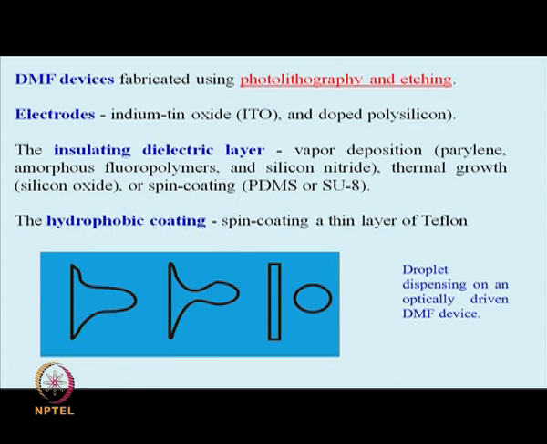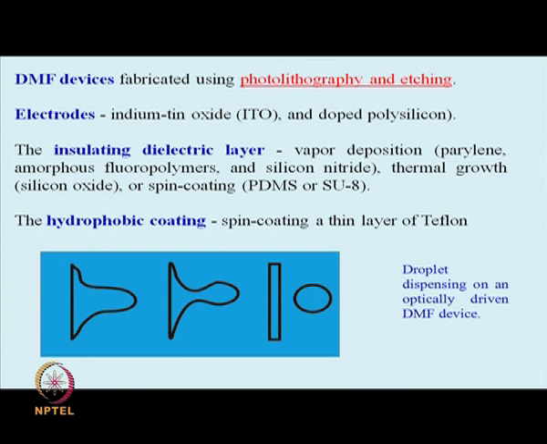Now, some of the electrodes which are used, this is information about the materials that are used for electrodes. The ITO coated glass is a very common electrode, and the insulating dielectric layer can be vapor deposited with the following chemicals.